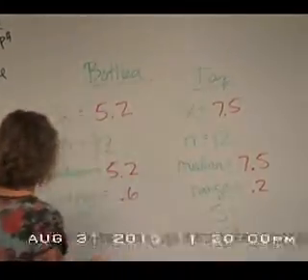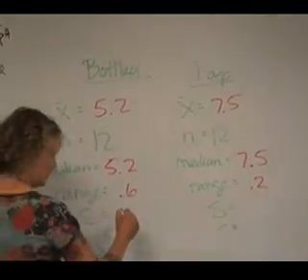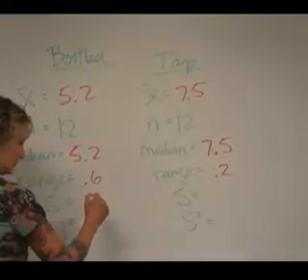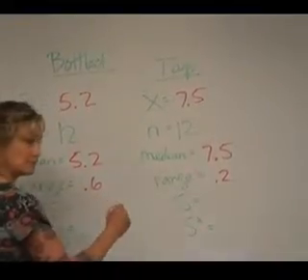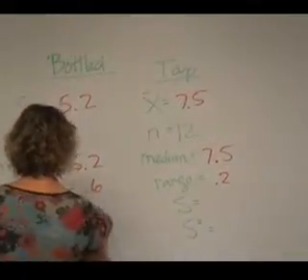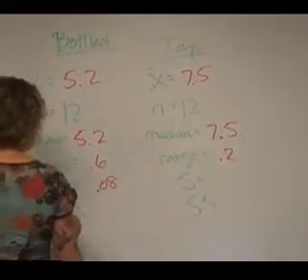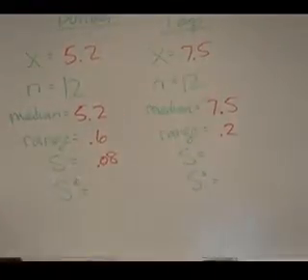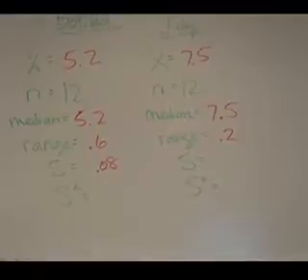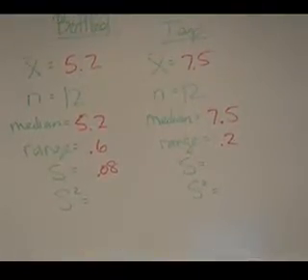Okay, thanks. Sample standard deviation, bottle: 0.08. So the variance would be the square of that, right? So standard deviation 0.08, square that, 0.006.